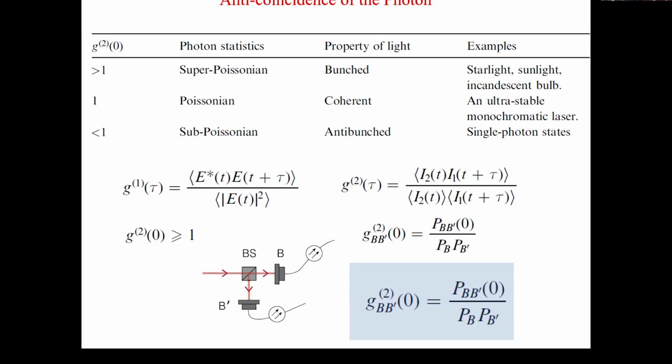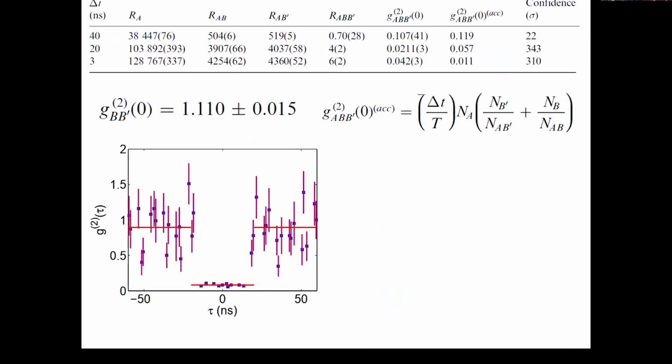And in fact, there's no better convincing one can do than experimental data. Okay, so this is experimental data. Unheralded, non-single photon source, just one beam, the second order correlation function is this value. If you were to do this experiment with different coincidence windows, these are the results that you get. These are the counts on A, counts on AB prime.